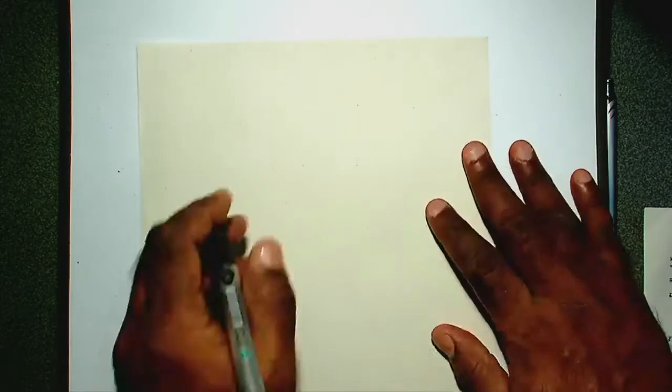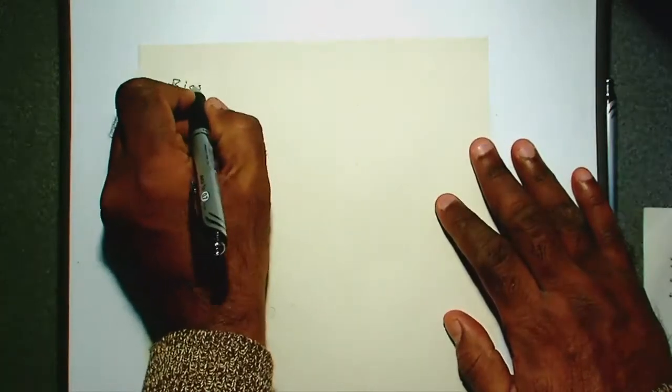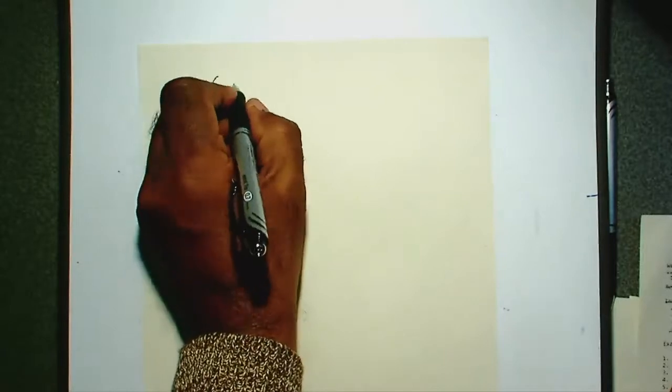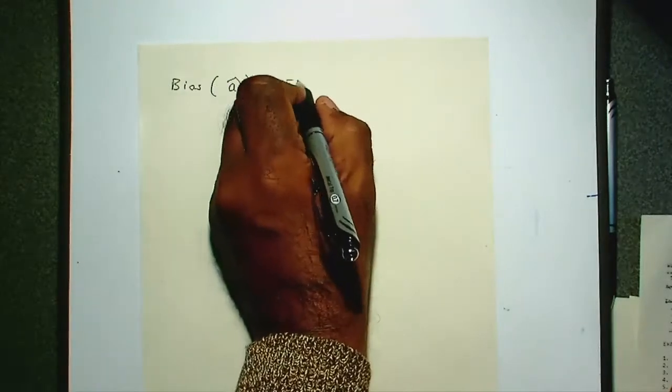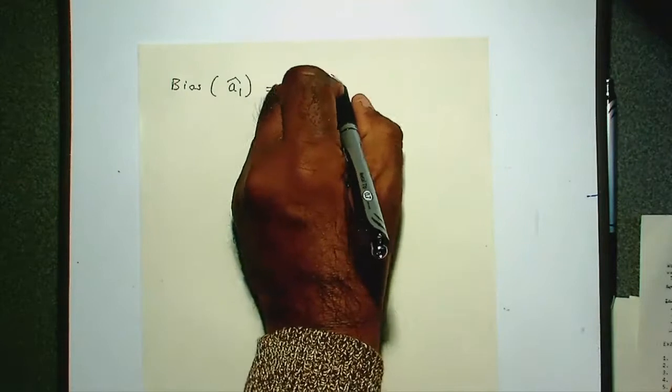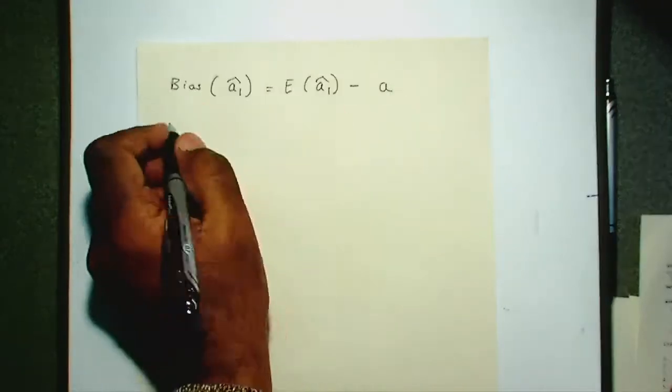Okay. So let me put this over here. So I'm gonna find first the bias of A1 hat, which is the expectation of A1 hat minus A. Yeah, this is the definition, right?